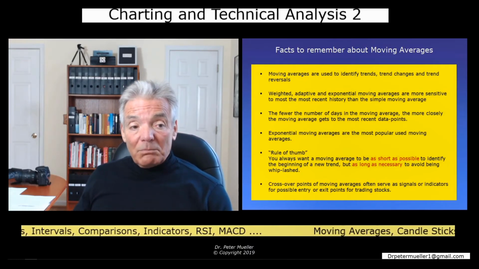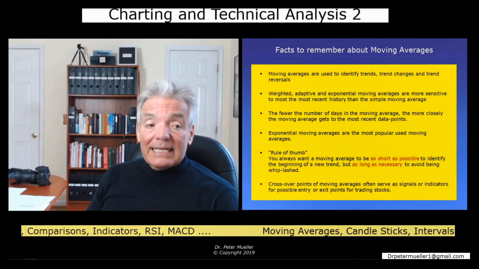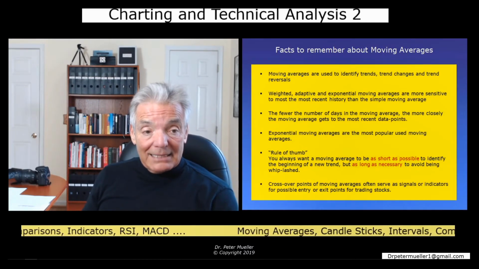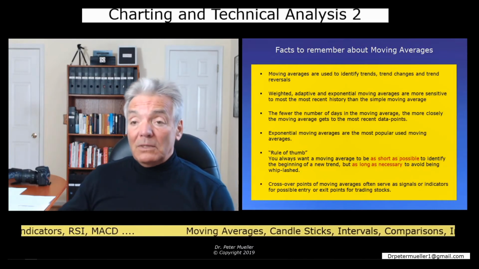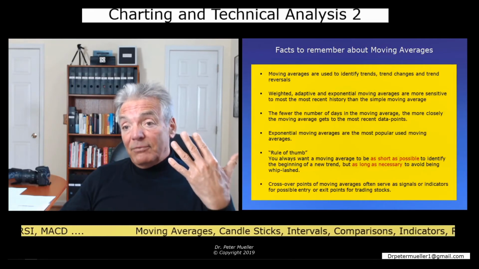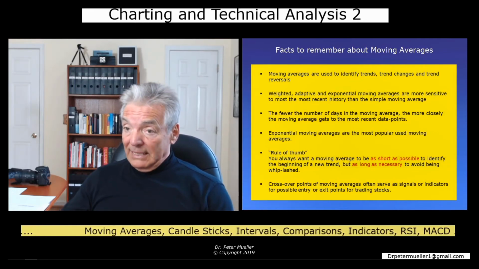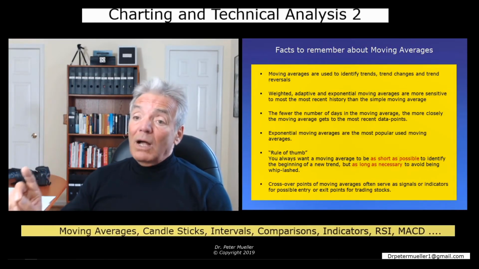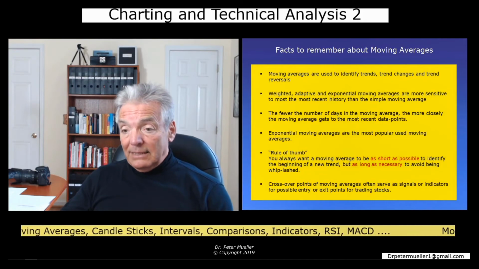And the crossover points of moving averages often serve as signals and indicators for possible entry and exit points for trading stocks. I personally use these crossover points as one of 5 indicators to make decisions for trading. So this is only one of 5 which I'm using before I make a decision.